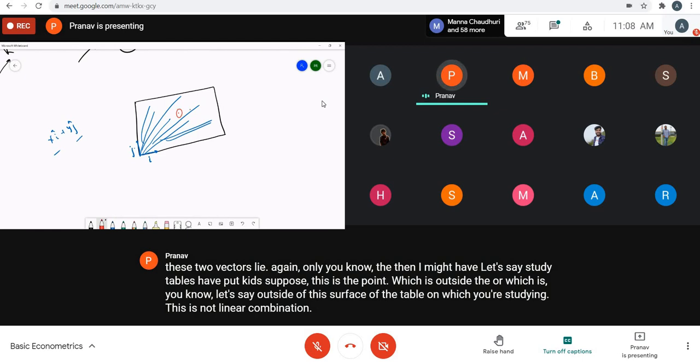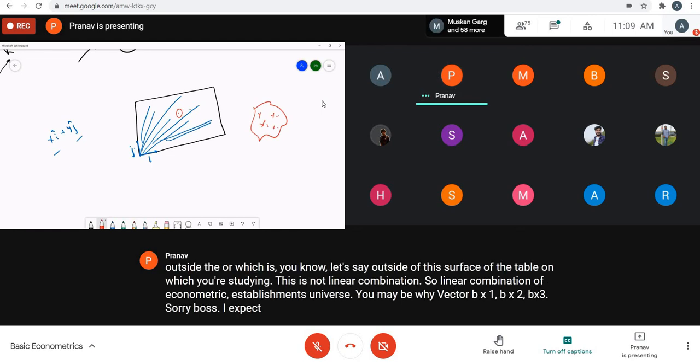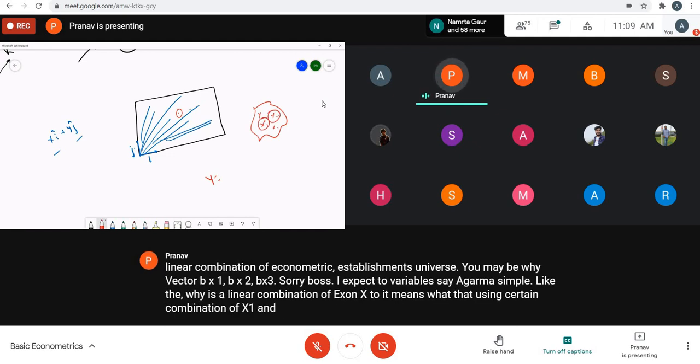So linear combination, अब इसको आप इकोनोमेट्रिक्स के जार्गन में अगर establish करने का सोचो तो हमने क्या देखा था, ये यूनिवर्स है मेरा, इसमें y वेक्टर भी, x1 भी, x2 भी, x3, बहुत सारे एक्सप्लेनेटरी वेरिएबल्स हैं. अगर मैं सिंपल लिखता हूं y is a linear combination of x1 and x2, it means that using a certain combination of x1 and x2 I can reach the point y.